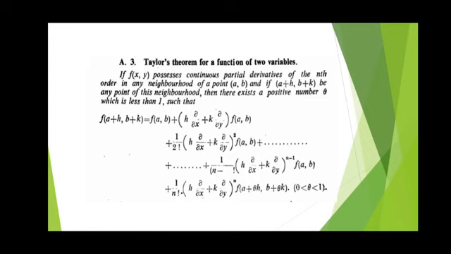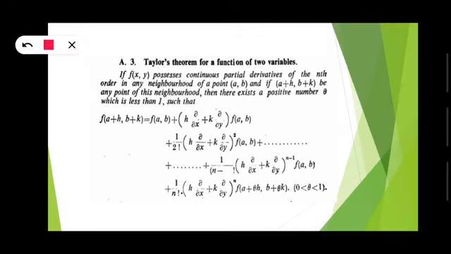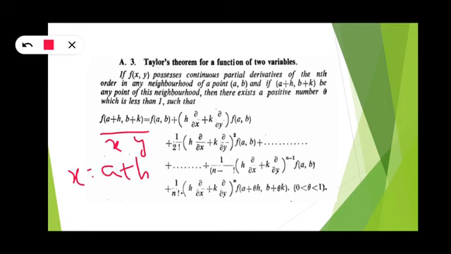Here, if we see in the previous slide, we take f of a plus h comma b plus k. In this, here we put x and y. So x is equal to what? A plus h. So what happened here? x minus a is equal to h.